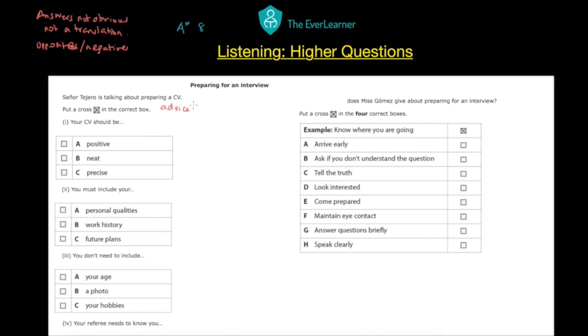So if this is an A star, and they're giving you some advice, chances are you may hear use of subjunctive, and possibly use of imperative, so giving orders. So if you don't know the subjunctive or you've forgotten, or you don't know the imperative or you've forgotten, please go and have a look.